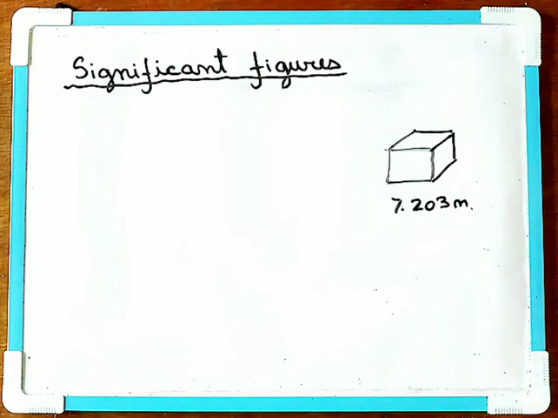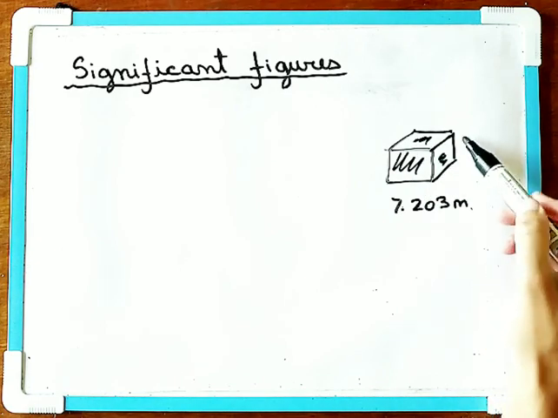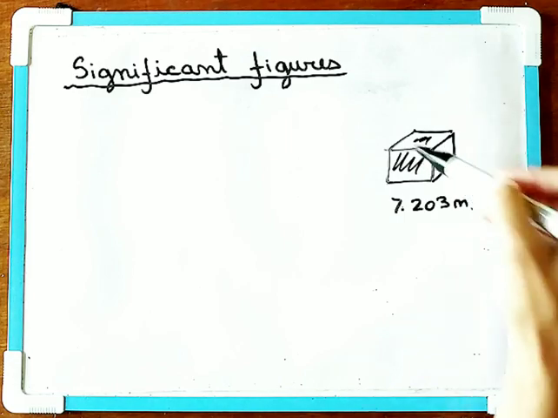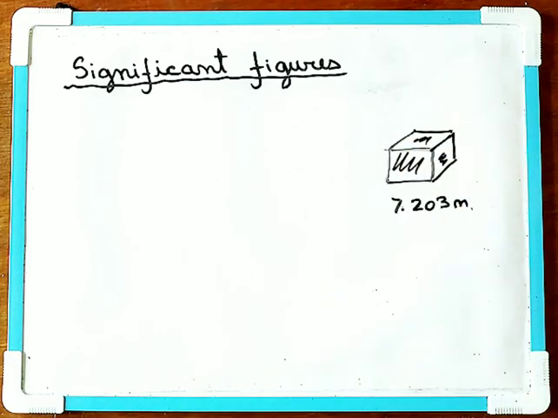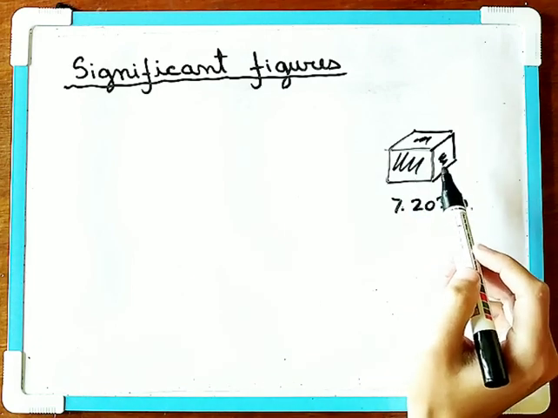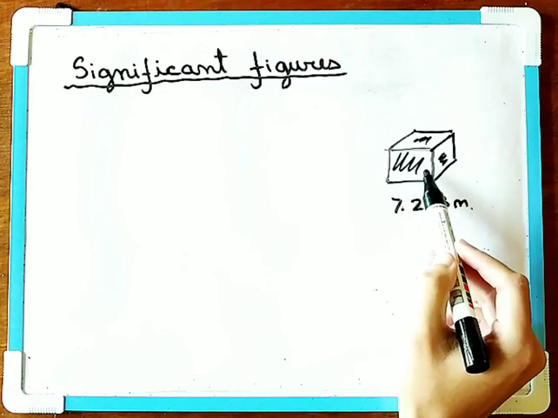We need to find the total surface area. So this is one surface, this another, then we have one at the back. We have 1, 2, 3, 4, 5 and 6, so we have 6 surfaces. The total surface area will be 6 times the area of one surface.